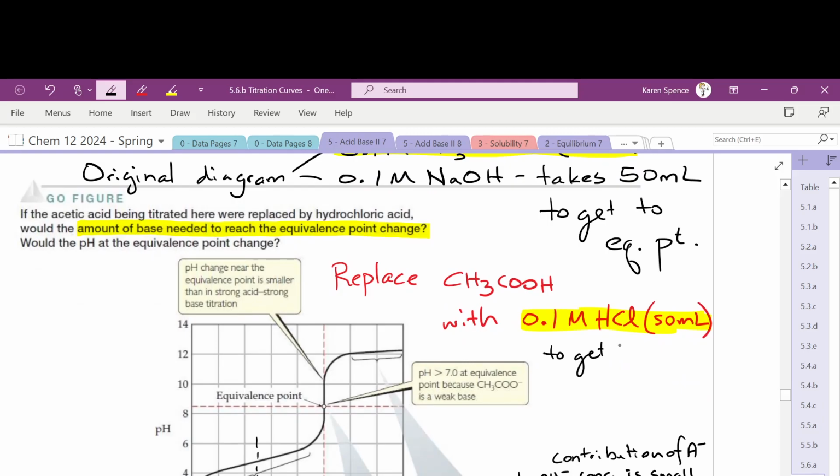Is it going to take A, more milliliters of NaOH, B, less milliliters NaOH, or C, same milliliters NaOH?